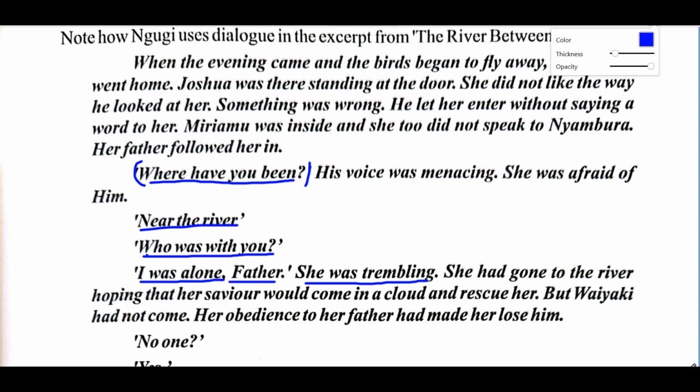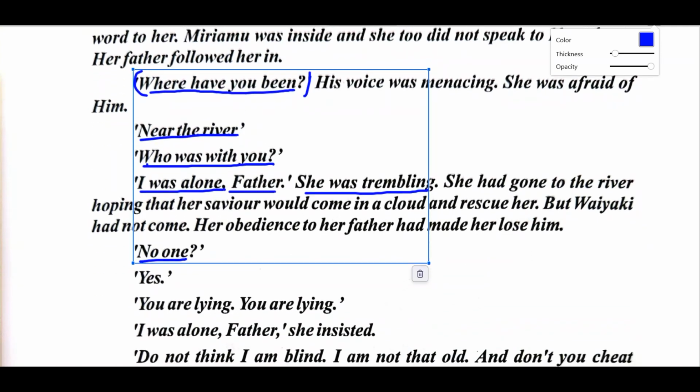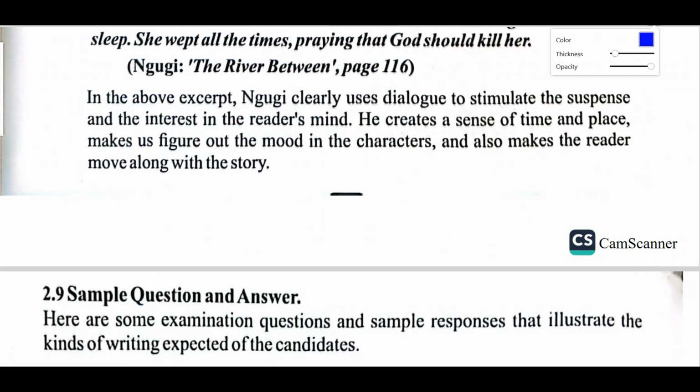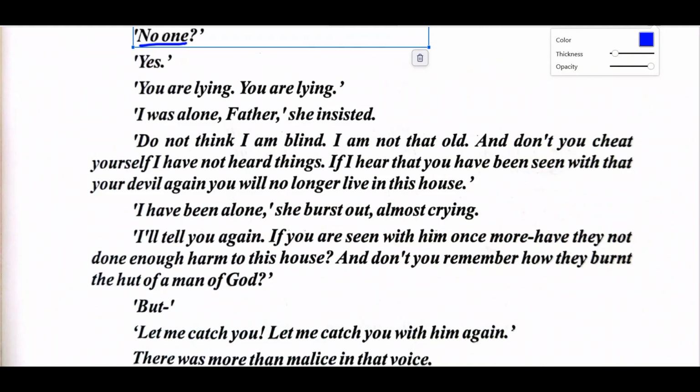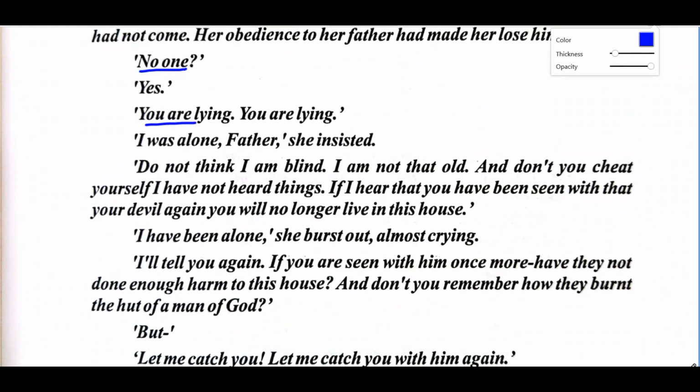But Waiyaki had not come. Her obedience to her father had made her lose him. So the father asked, "No one?" "Yes." "You are lying. You are lying." "I was alone, father," she insisted.